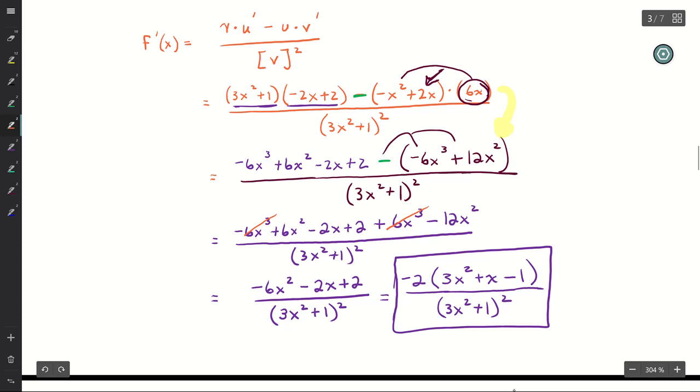What I'm showing you here is the thing that I've had the best luck with as far as making sure students don't make errors. Go ahead and bring that negative sign down, making sure you have that set of parentheses, and then wait until the next step to actually distribute it through. I've taught this for a good many years, and I used to teach this in a different way, and I've had better success with this particular method. So I always try to show you the method that I feel like is going to cause you to make the least amount of errors.